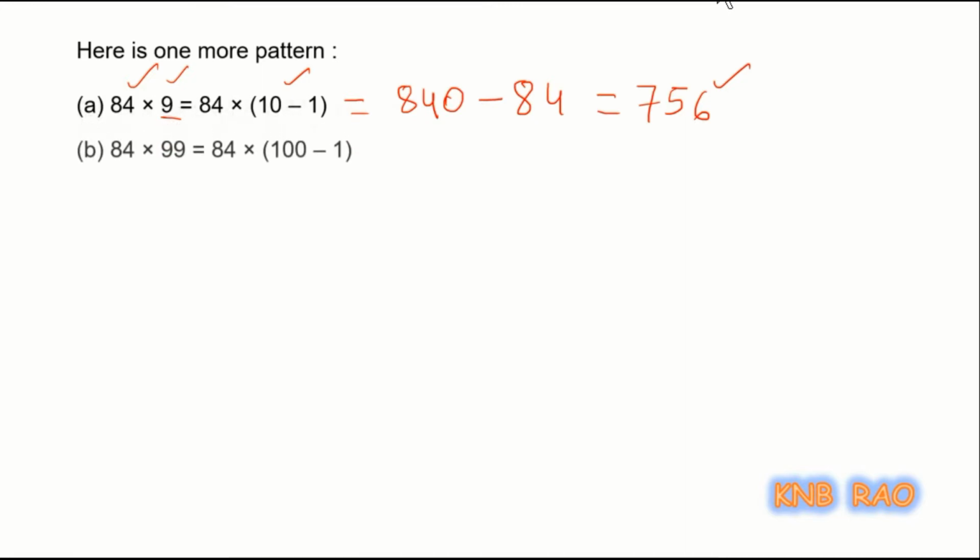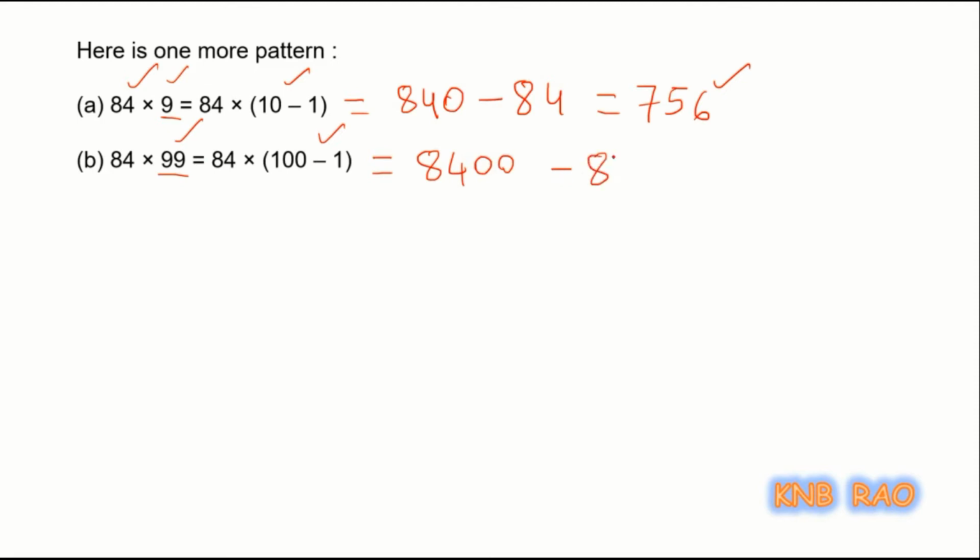Next, if I am multiplying any number by 99, what do we do? We write 99, that multiplier, as 100 minus 1. Now by applying the distributive property, 84 hundreds are 8400 minus 84 ones are 84.